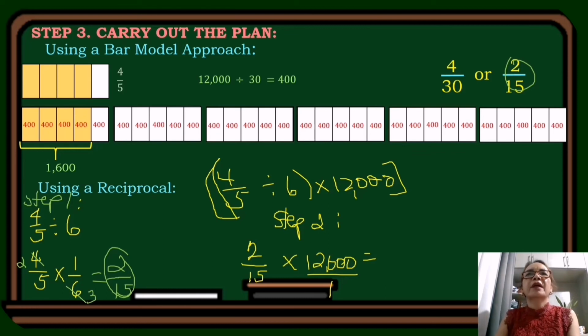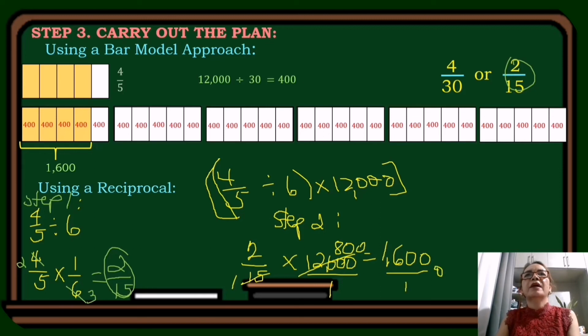We will have to cancel 15 and 12,000. The common factor is 15. So 15 divided by 15 is 1. 12,000 divided by 15 is 800. Then multiply both the numerators. 2 times 800 equals 1,600. And then 1 times 1 equals 1.